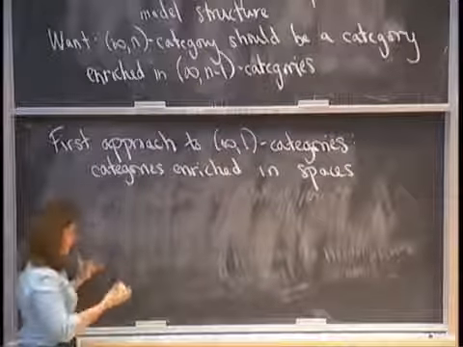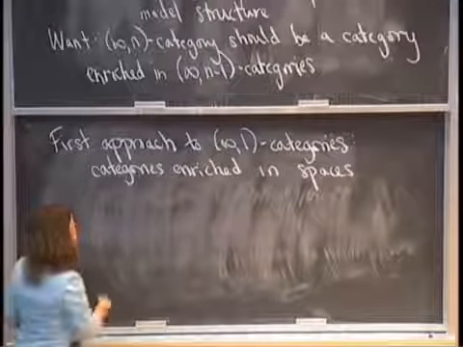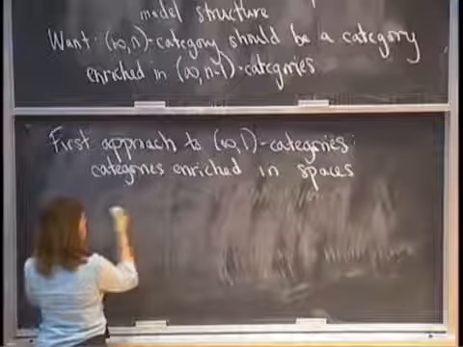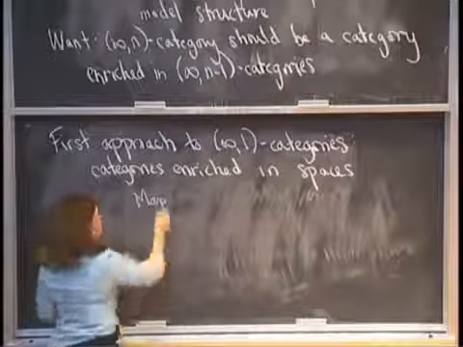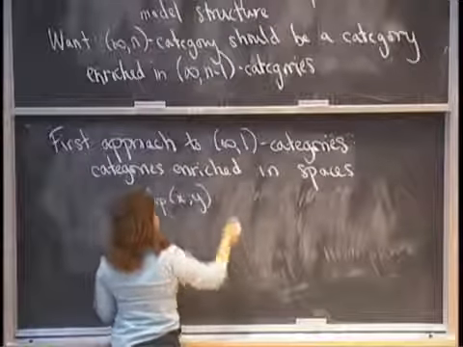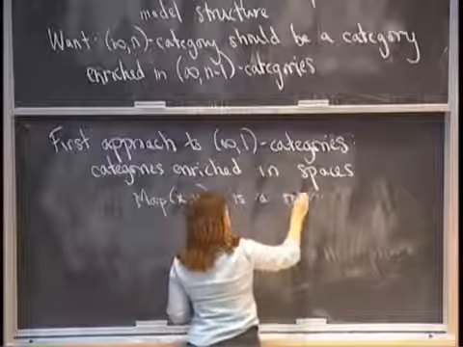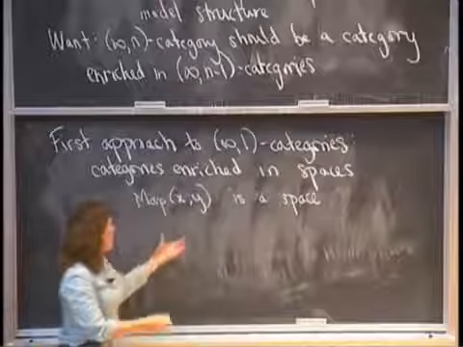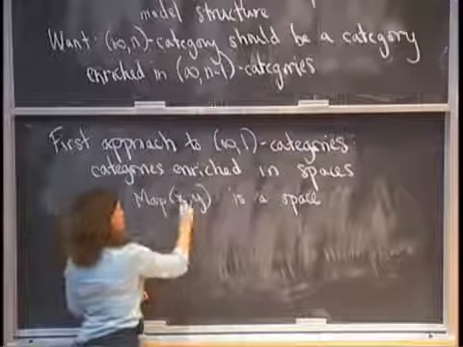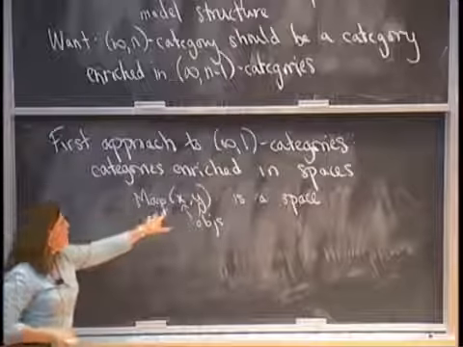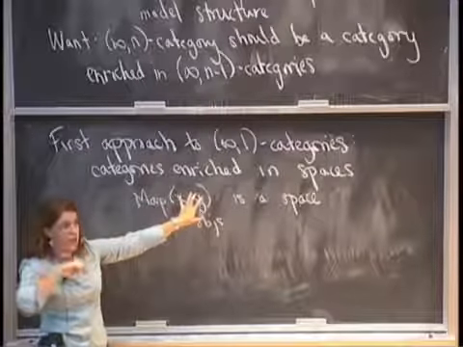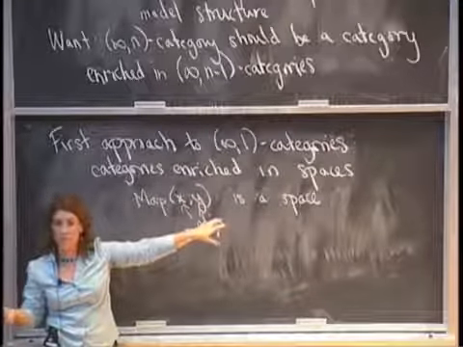But how can I think of this? Well, now I have some category, and now I have some mapping space between some objects. This is a space. So now the points of that space I should think of as one-morphisms.